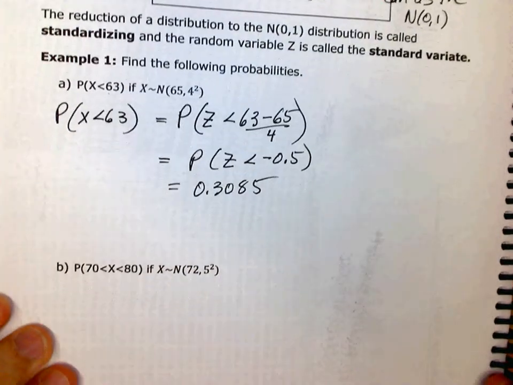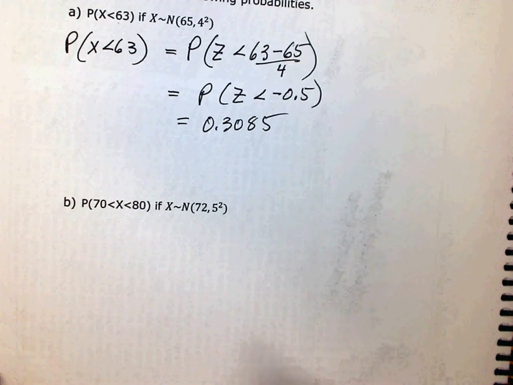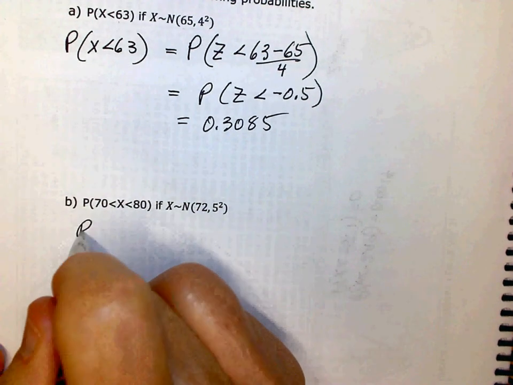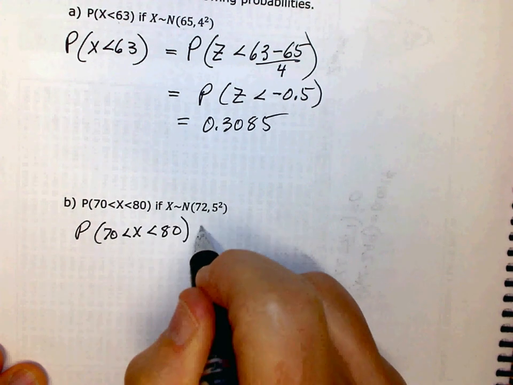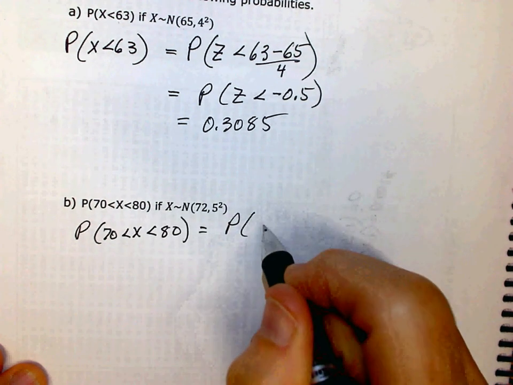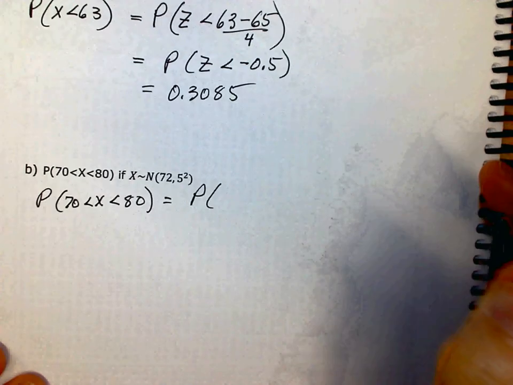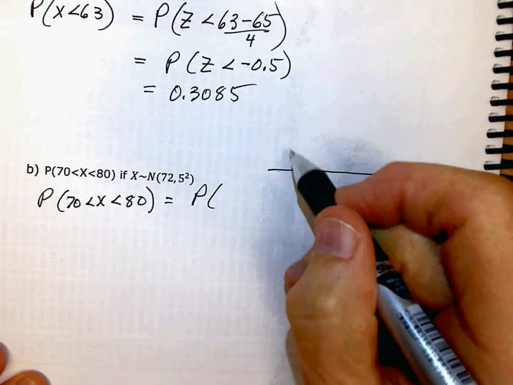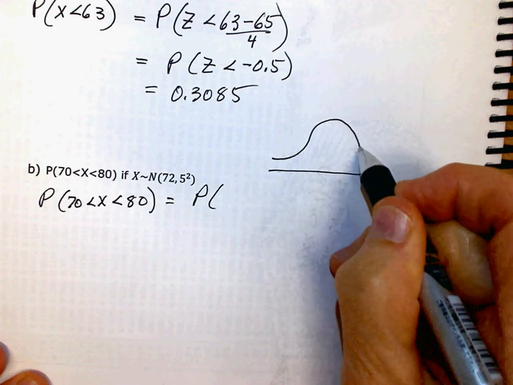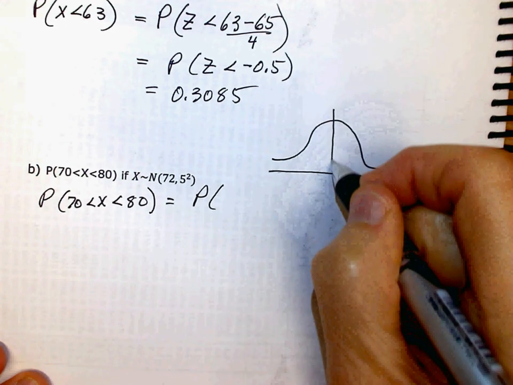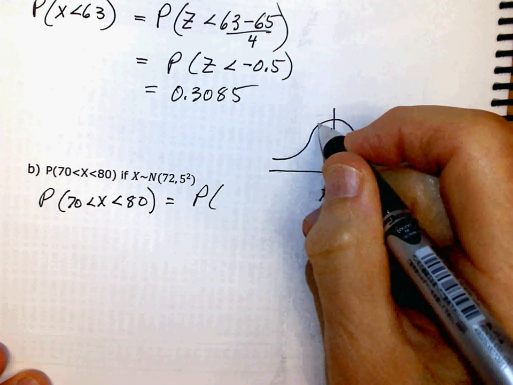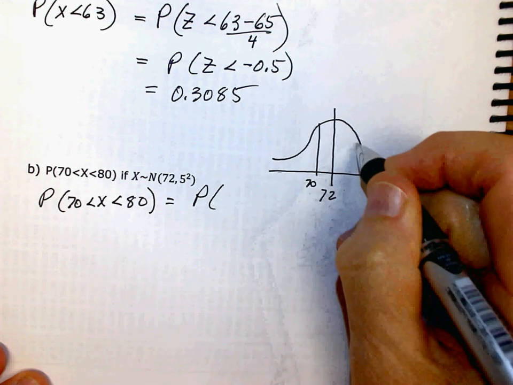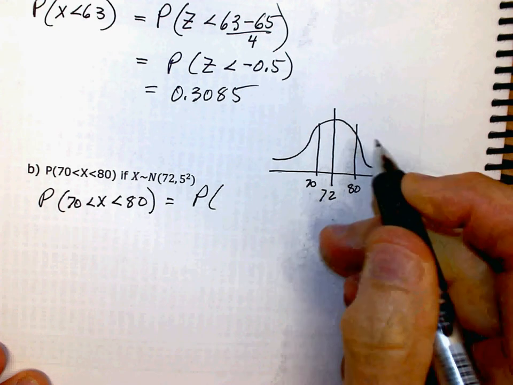Let's look at this one. The probability 70 is less than x is less than 80. Let me draw a picture of this so you can see it, because on your test, you're going to have to draw some pictures for me. The mean is 72, and we're going between 70 and 80. So we want this area here.